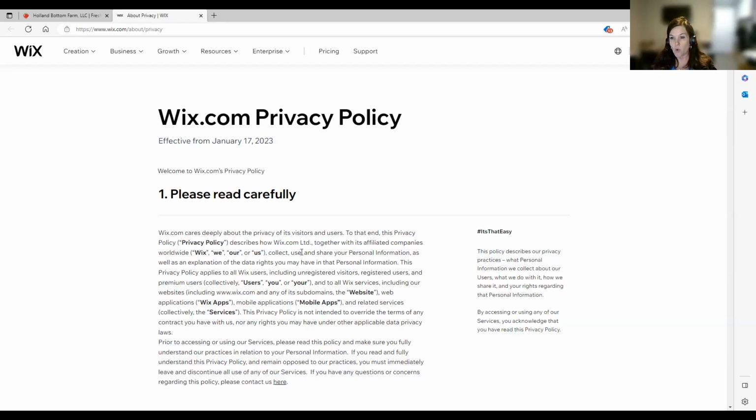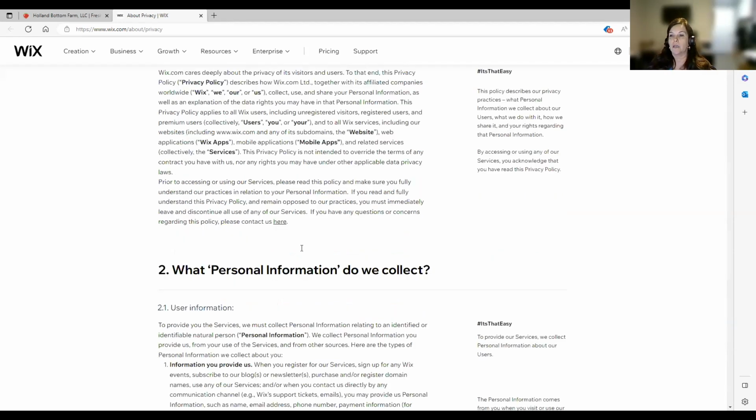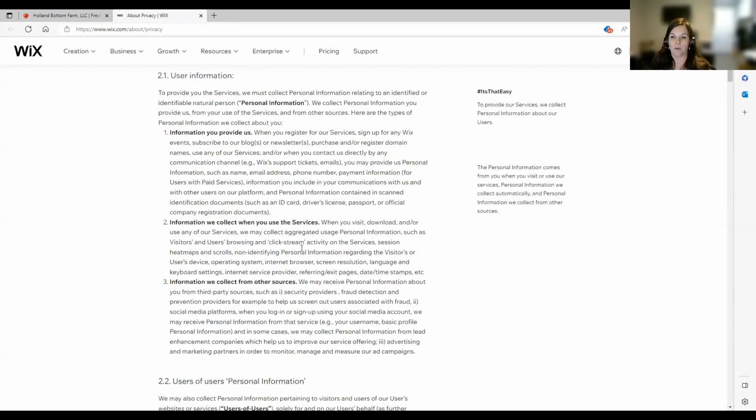So looking at Wix's privacy policy, we would be able to see more information. What personal information do we collect? And they break it down in 3 sections: information that you provide us, information we collect when you use the services, and information we collect from other sources.